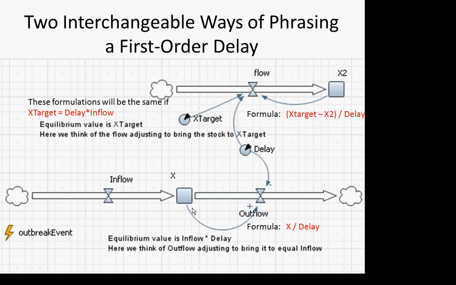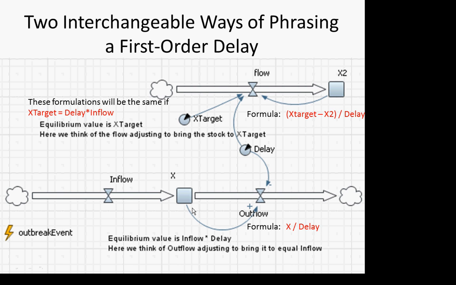We can phrase it all sorts of ways. And the answer given is correct: it's delay times inflow. What's the quick way to check that? You plug it into the formula for the outflow. If x equals inflow times delay, what's the value of the outflow?